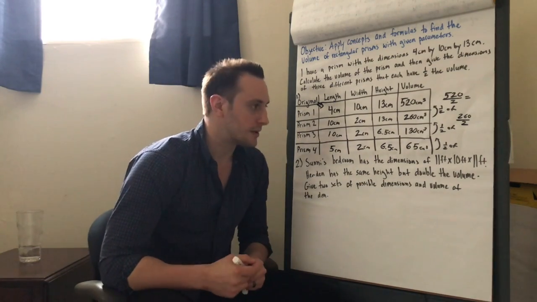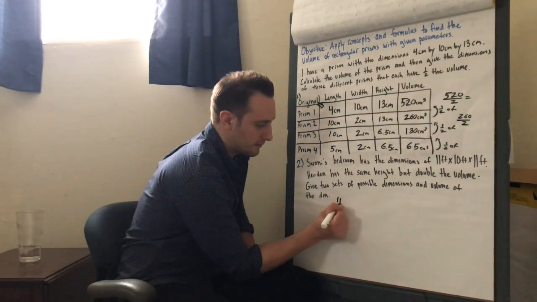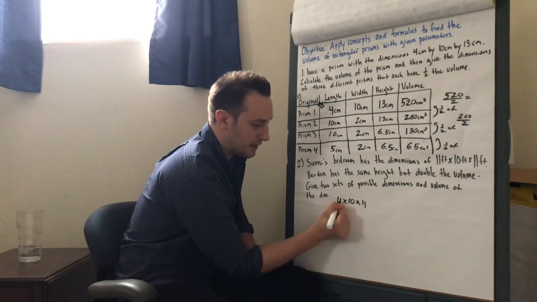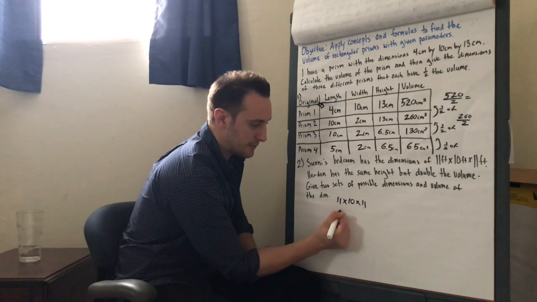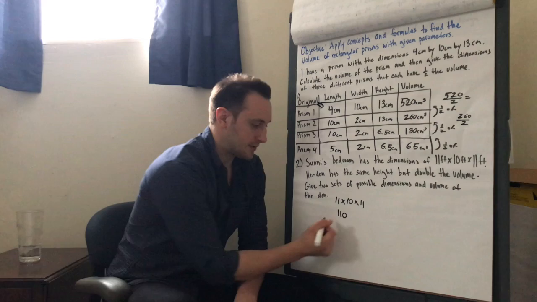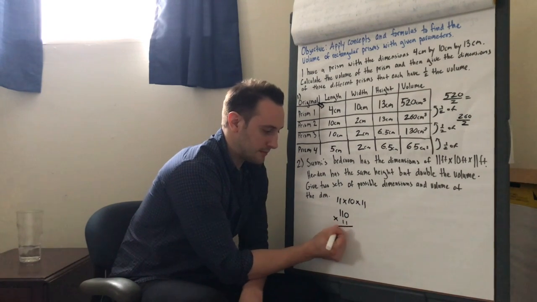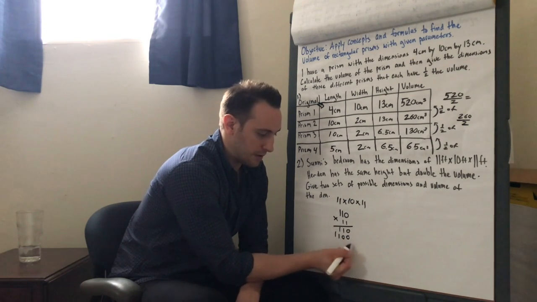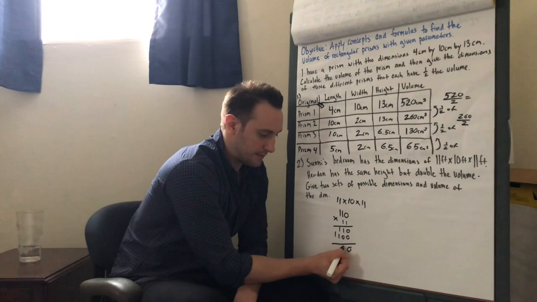I'm going to do 11 times 10 times 11. 11 times 10 is 110, and then I'm going to do this times 11.